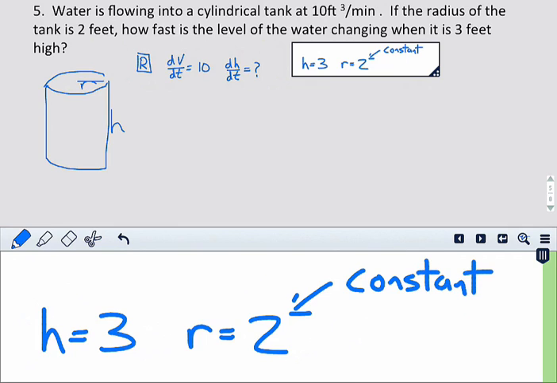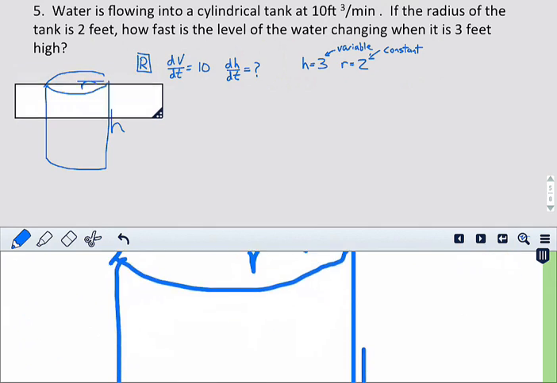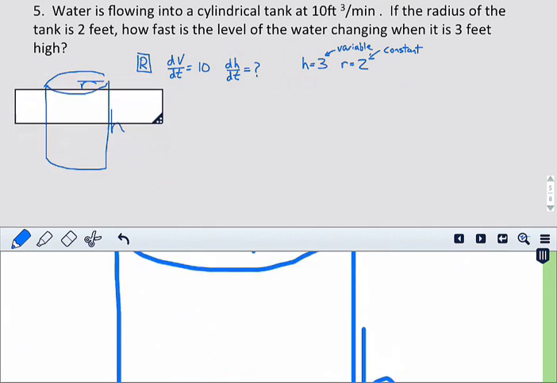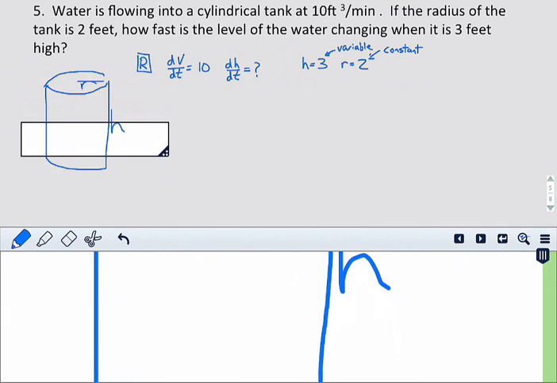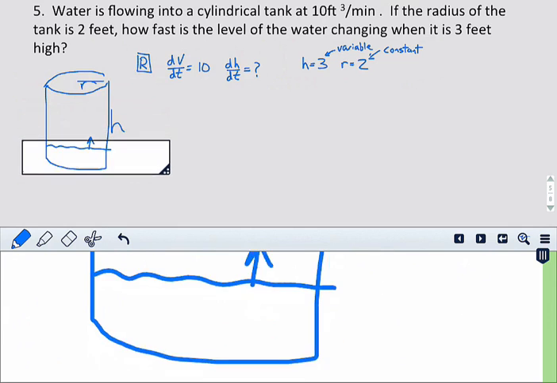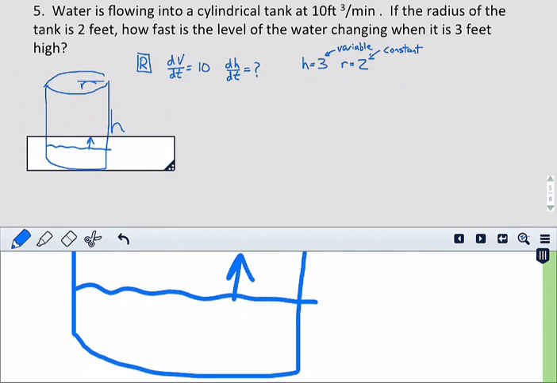So this is not changing, but the height here is variable because the height is changing. Okay? And we know radius is constant because in a cylinder, the radius is always the same. But the height, right, as the water level increases, the height of the water actually changes.